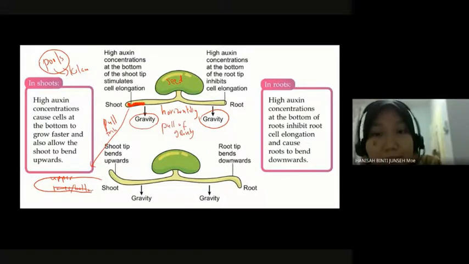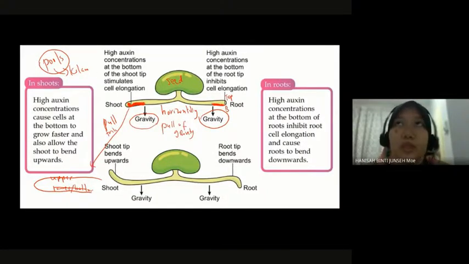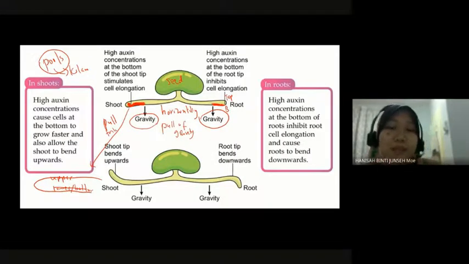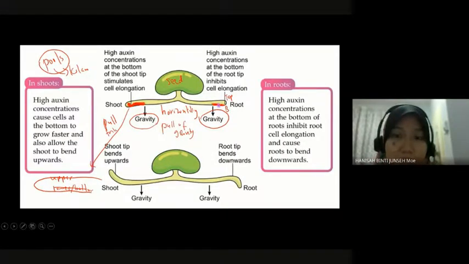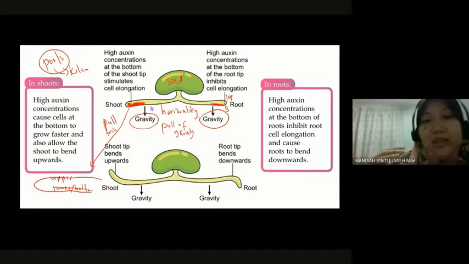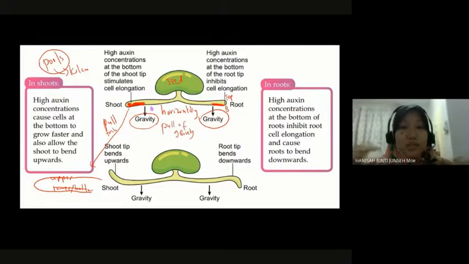Di bahagian bawah sini. Okay, this is the bottom, this is the top. Top, bottom, upper, lower, kan? Okay, so bottom of the root. Dua-dua benda yang sama berlaku. The same thing happens at both sides. Root dengan shoot ni dua-dua dia punya auxin has been pulled at the bottom.